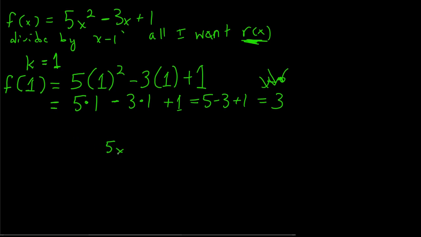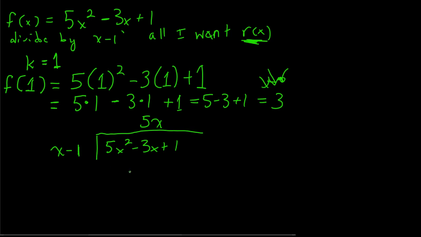So 5x squared minus 3x plus 1, and I'm going to divide it by x minus 1. Now I'm going to use my algorithm. I'm going to look at my leading terms. And so 5x squared divided by x is 5x. I'm going to multiply this back across.